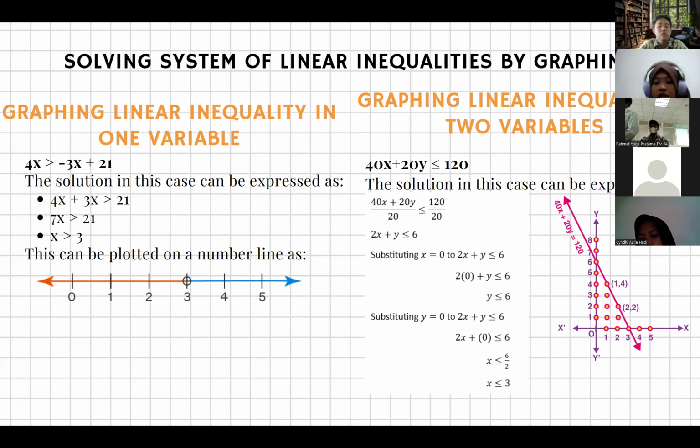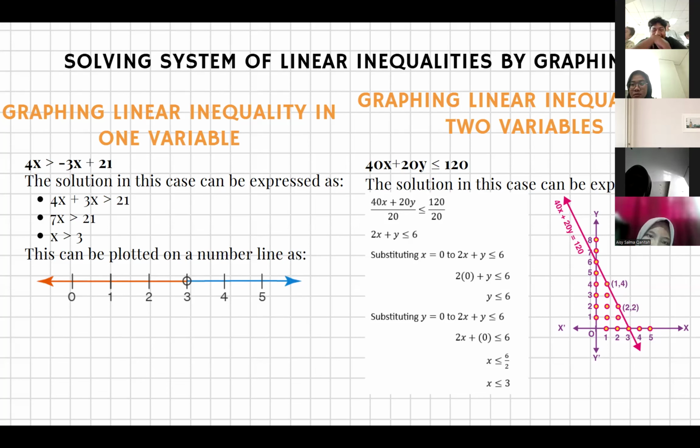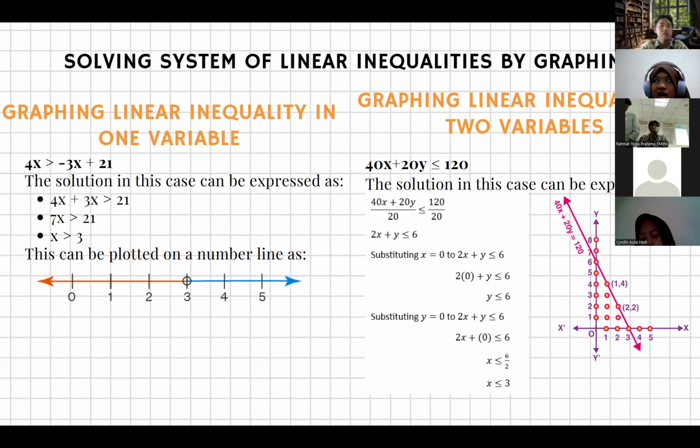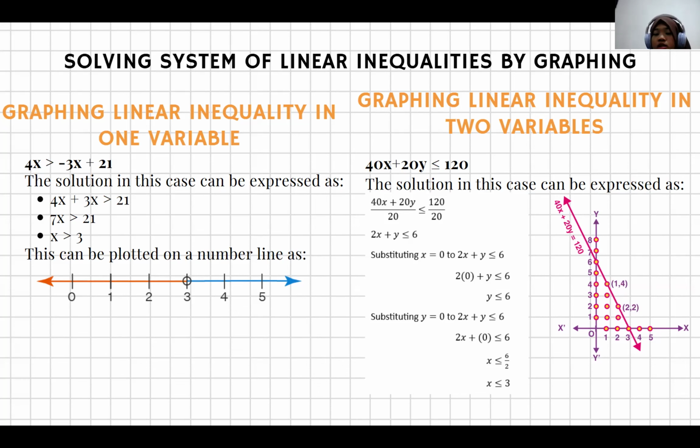So the expression is the sum of 40x added to 20y is less than or equal to 120. So the solution in this case can be expressed as, first, we have to divide both sides by 20. So we got 40x added to 20y, and the sum is divided by 20, and the quotient is 120 divided by 20.